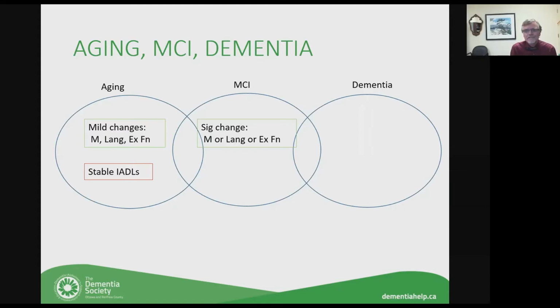Now, mild cognitive impairment, now we have a significant change in memory, language, or executive functioning, or other domain, but I'm just highlighting these three. And so it's a measurable change. So if you take 100 people, you do a memory test with them, everyone is going to be in that range somewhere. But if you fall well outside the range in memory, it means that your memory is impaired.